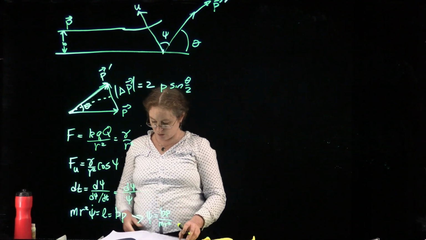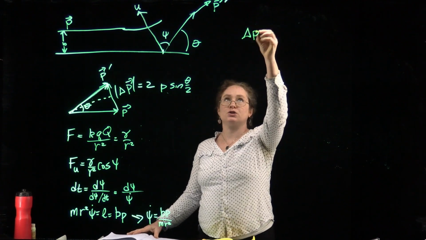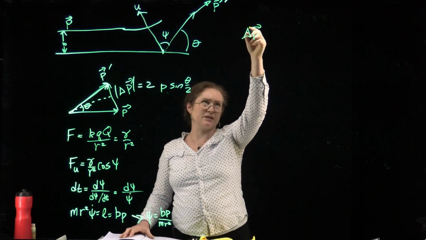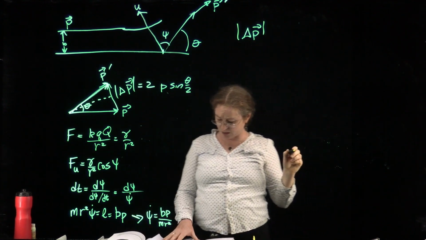Now, we want to look at the change in momentum. By the way, I wouldn't expect you to come up with this derivation entirely on your own without looking at notes.